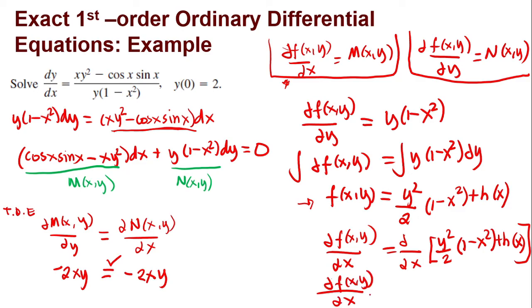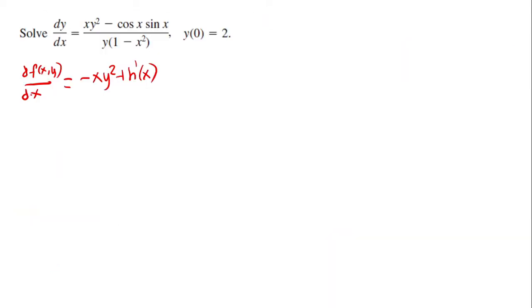The partial derivative of f of xy with respect to x is equal to y squared times negative x plus h prime of x. So, continuing, the partial derivative of f of xy with respect to x equals negative x y squared plus h prime of x.